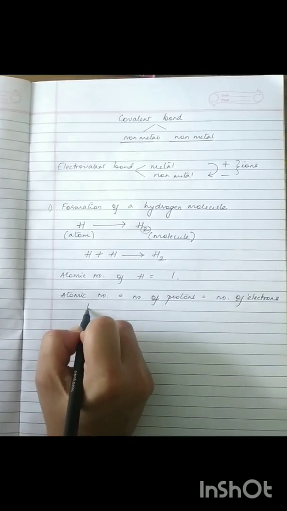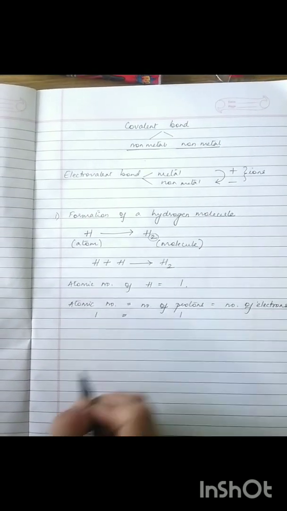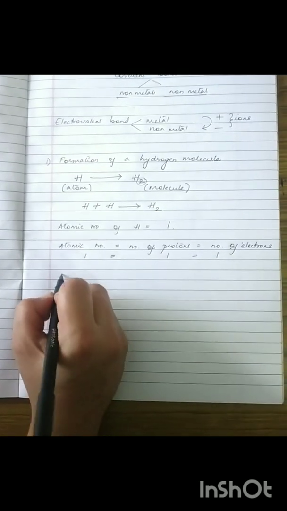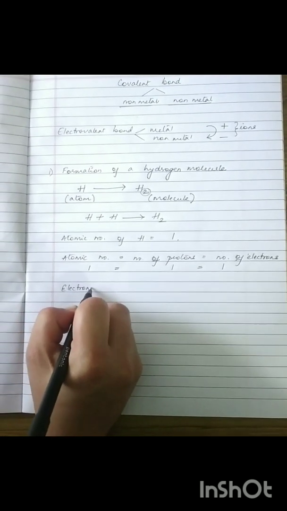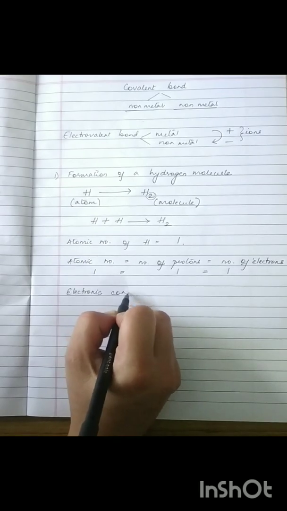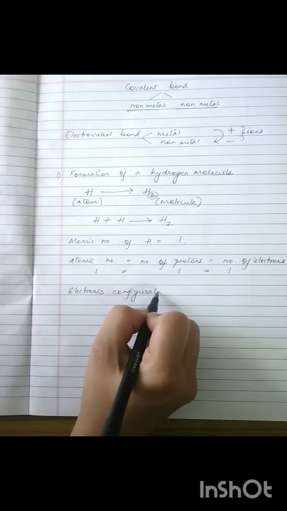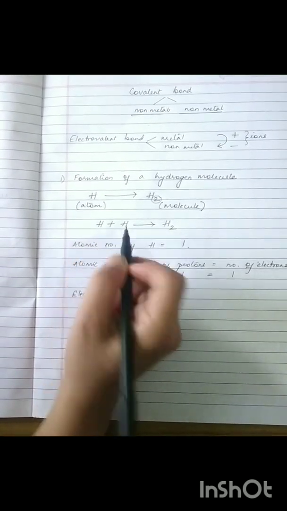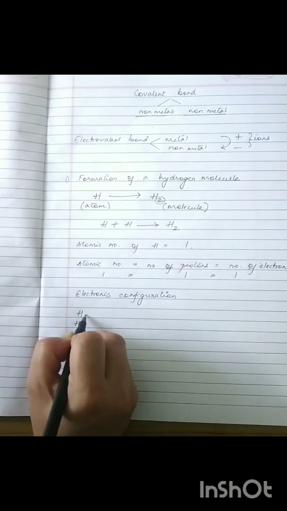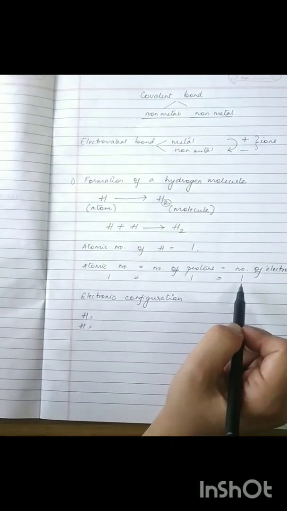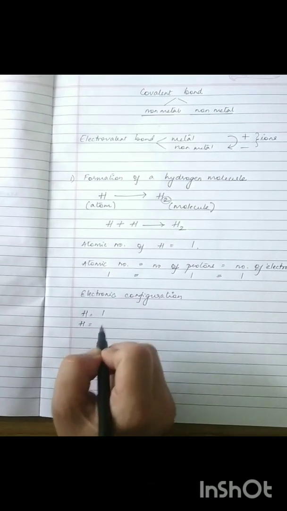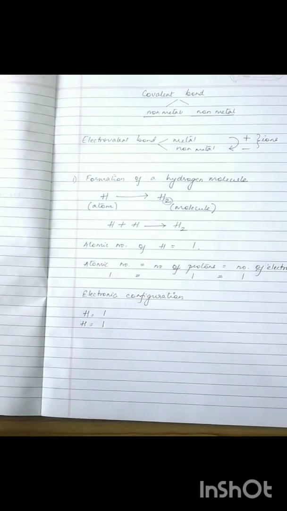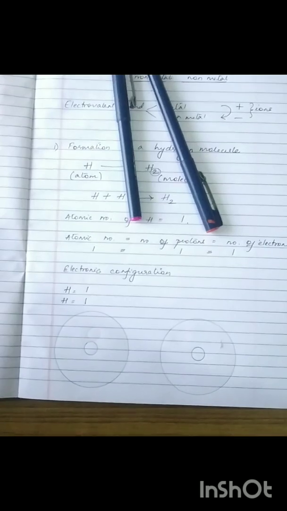So if atomic number is 1, number of protons is also 1, number of electrons is also 1. Now we write the electronic configuration. So how many hydrogen atoms do we need to form a molecule of hydrogen? 2. So 2 hydrogen atoms. Since only 1 electron, the first orbit will have only 1 electron, and here also the first orbit will have 1 electron.